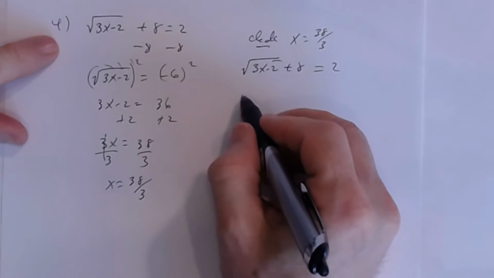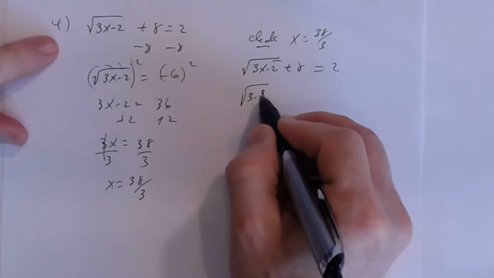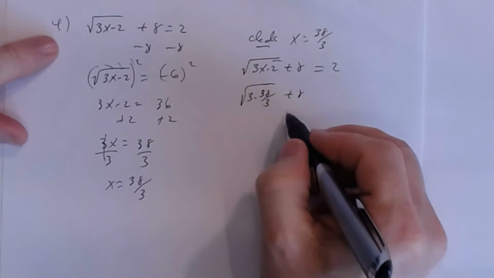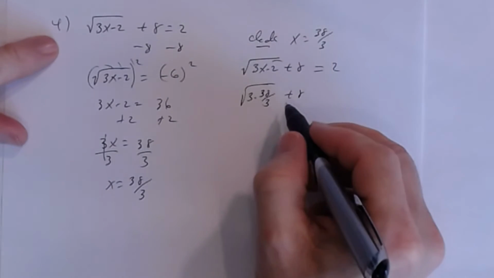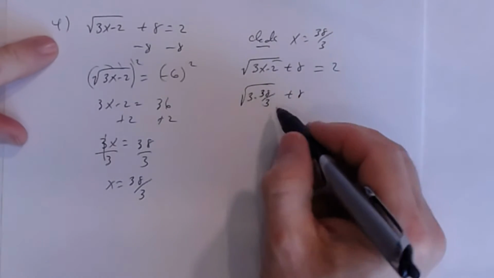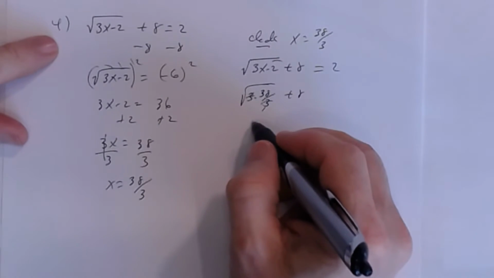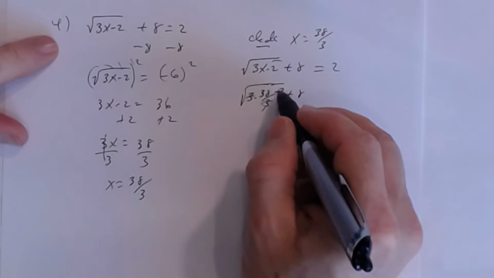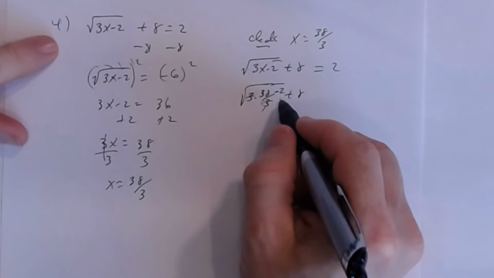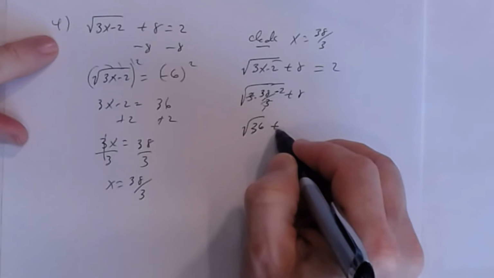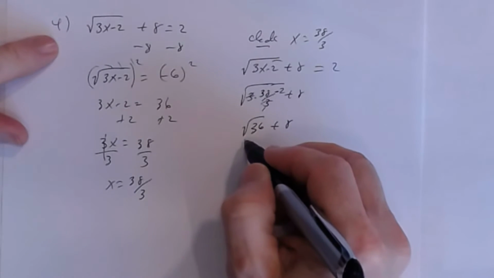So this becomes the square root of 3 times 38 divided by 3, and then minus 2, I forgot to subtract 2, I'm sorry, plus 8. That's your left side. The 3's divide out, so you get 38 minus 2, which is 36. So you get the square root of 36 plus 8. The square root of 36 is 6.